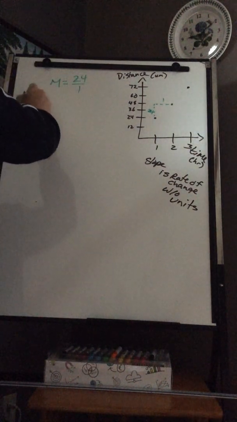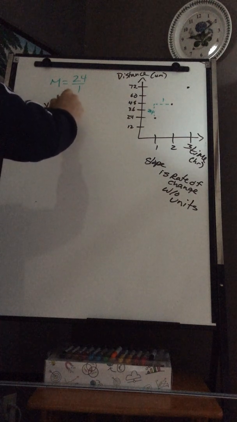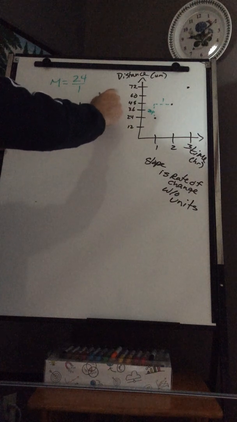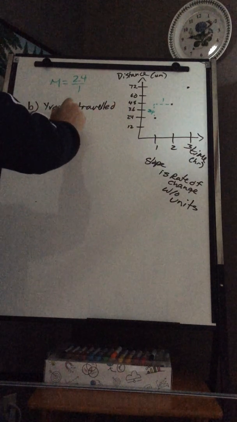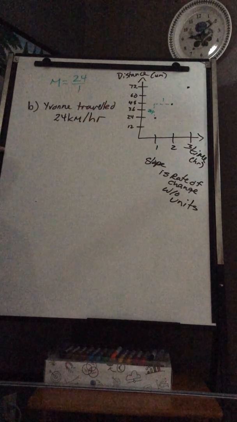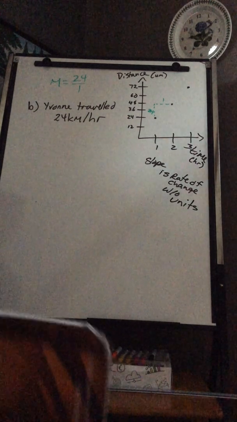So what does the slope mean? It means Yvonne traveled 24 kilometers per hour on her bike. That's it. That's the purpose. So that was part B.